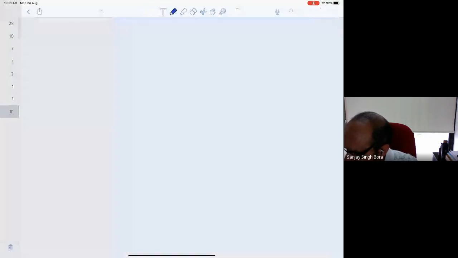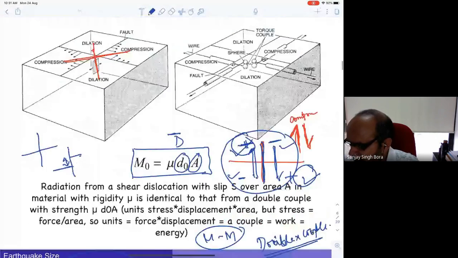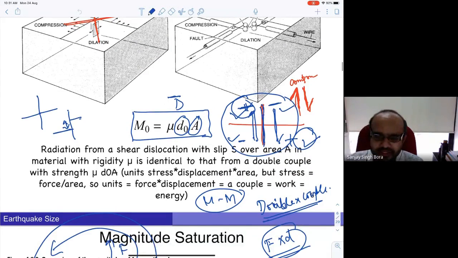Okay, so that is how we define a moment. The important thing to understand about the moment is that it directly depends upon the displacement, the amount of average displacement that has occurred at the source, and on the fault dimension, that is through area. So that is how M0 is defined.